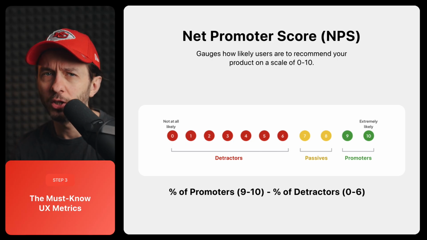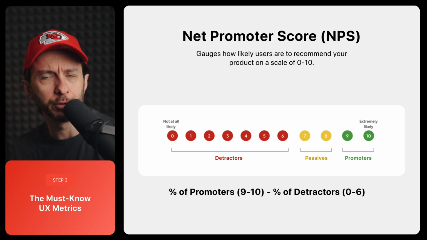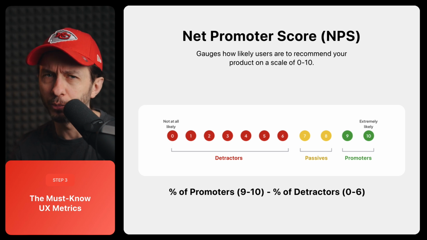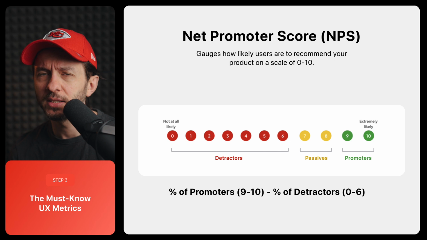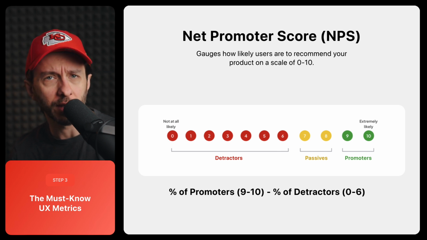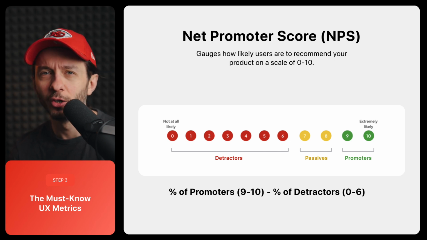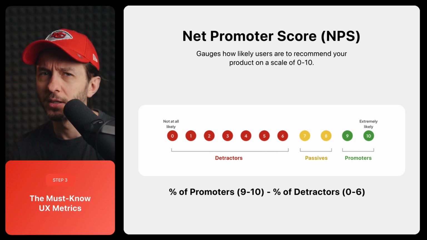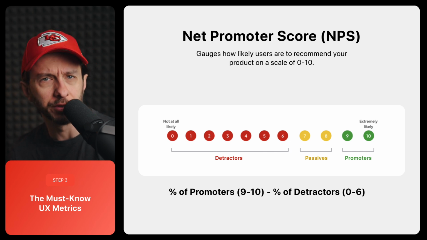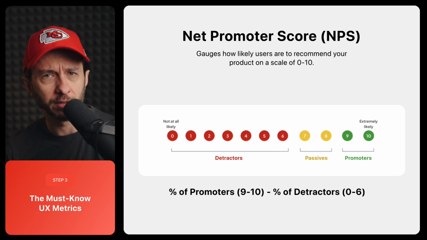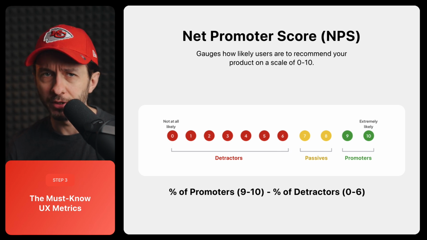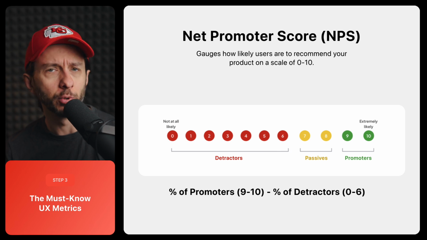Okay, let's get back. NPS gauges how likely users are to recommend your product on a scale of 0 to 10. Why it matters? A strong indicator of customer satisfaction and loyalty. Benchmark, 50 plus is golden. Example, if most users rate your product below 7, they wouldn't recommend it, meaning your UX needs work.